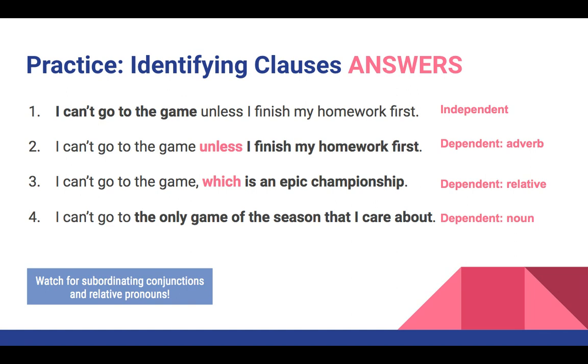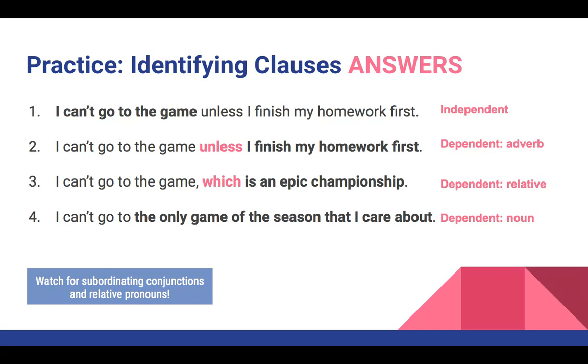Well, the word that starts the dependent clause is not one of my subordinate conjunctions from my song, so I know that it's a relative pronoun. And if a relative pronoun starts the dependent clause, then that's a relative dependent clause. So that word in pink is really what's going to tell you whether this is an adverb or a relative clause.